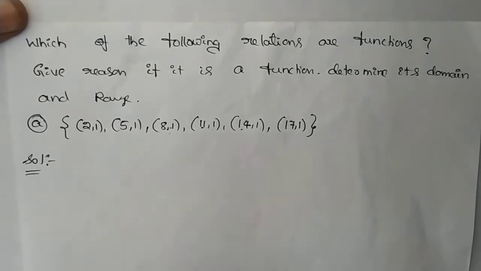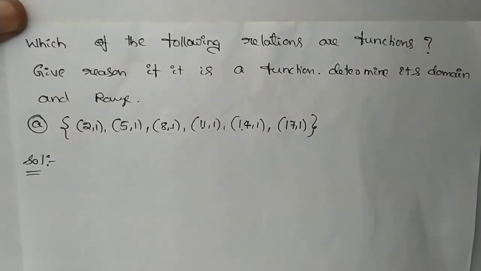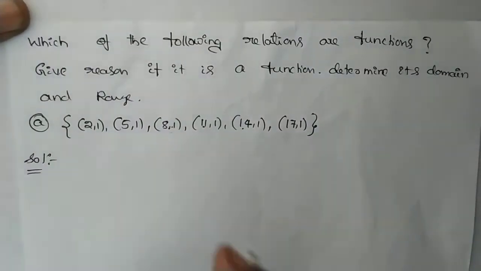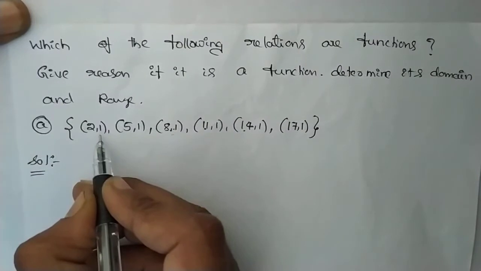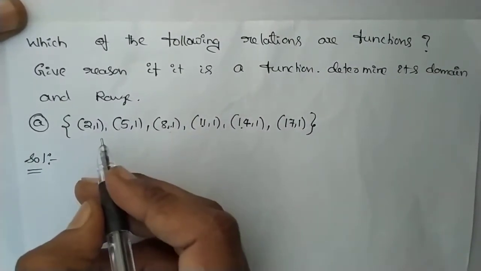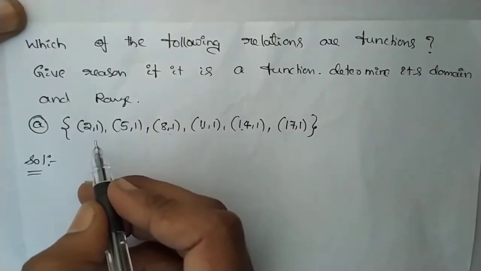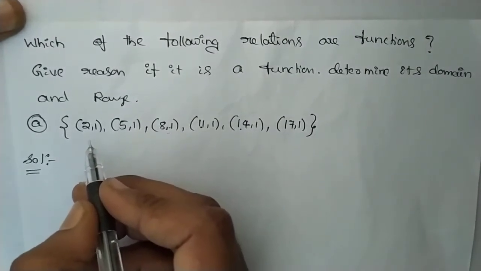Then you will understand what I am explaining in this problem. A function is nothing but every element in the domain has one and only one image in the codomain. It is called a function.